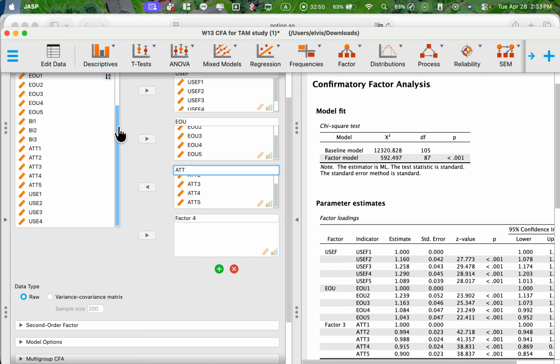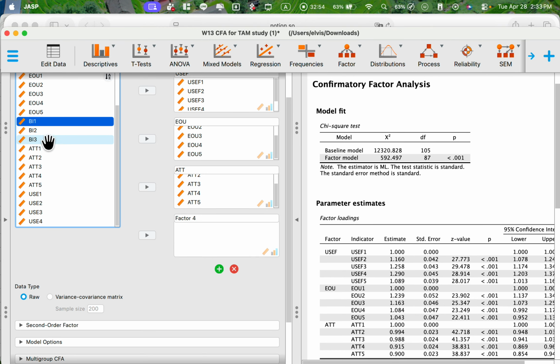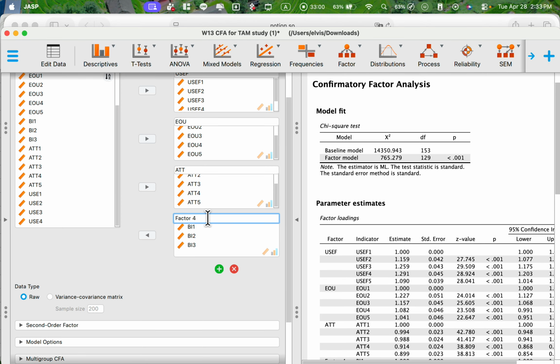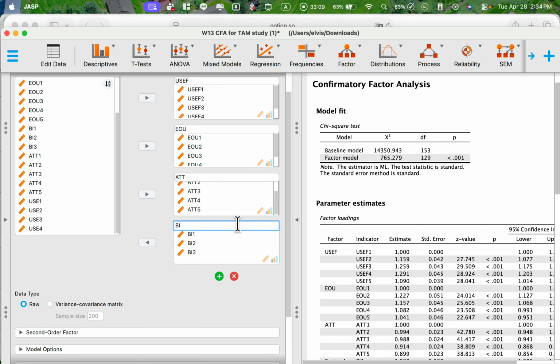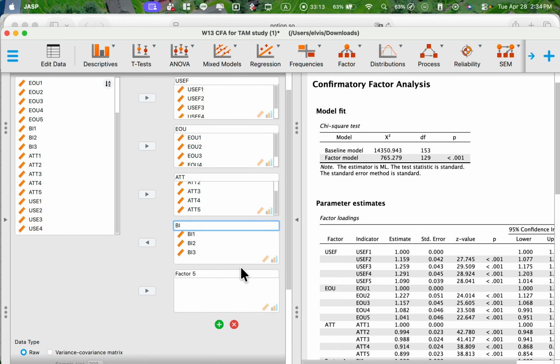This time I need the intention, right? So we have 3 indicators called intention. So I move them here to the factor 4, and you can just rename it as BI, behavior intention. Okay, 1, 2, 3, 4. Now I have the last one called usage. So add a factor again.